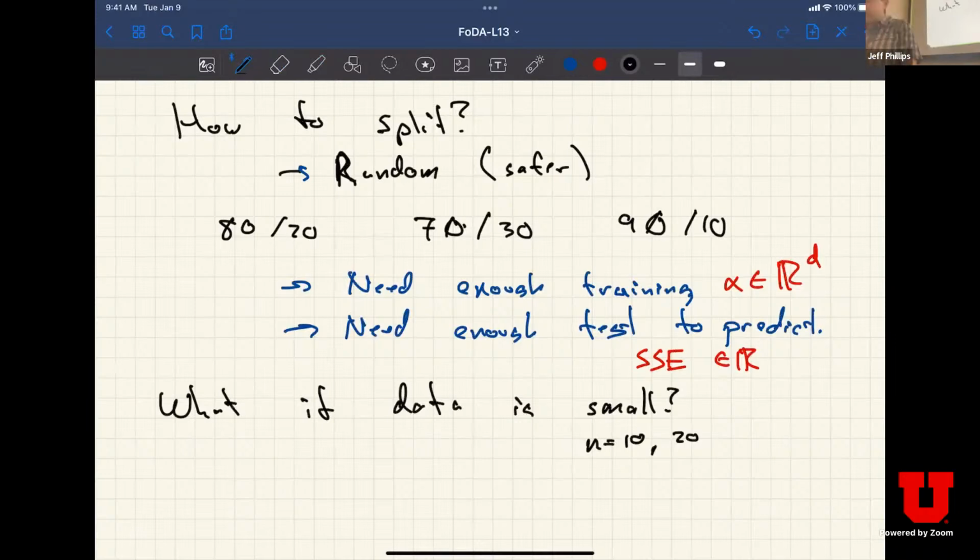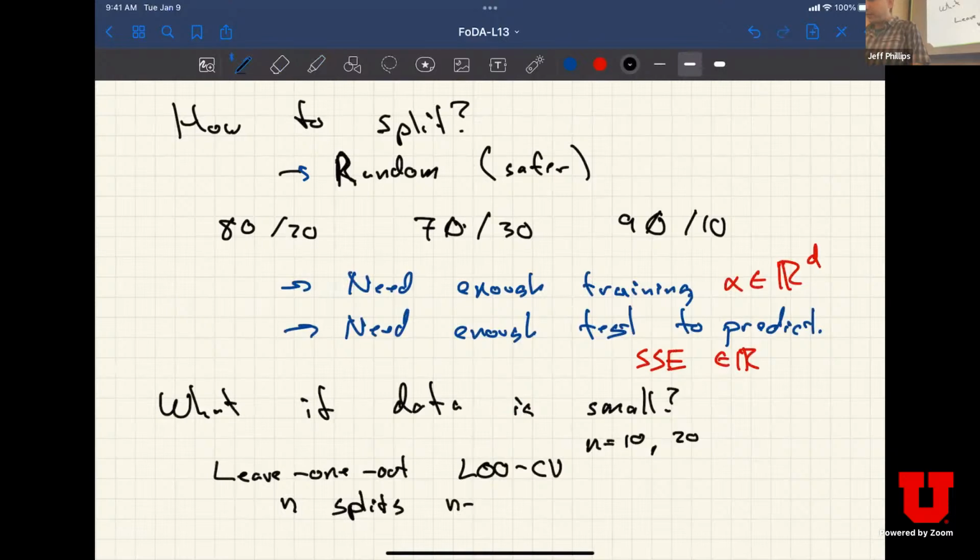So what's common is called leave one out, LOO cross validation. What they'll do is n different splits, in this case, of n minus 1 train and 1 test. 1 is the smallest I can do on the test, but I can do this n different times, and then I can take the average.